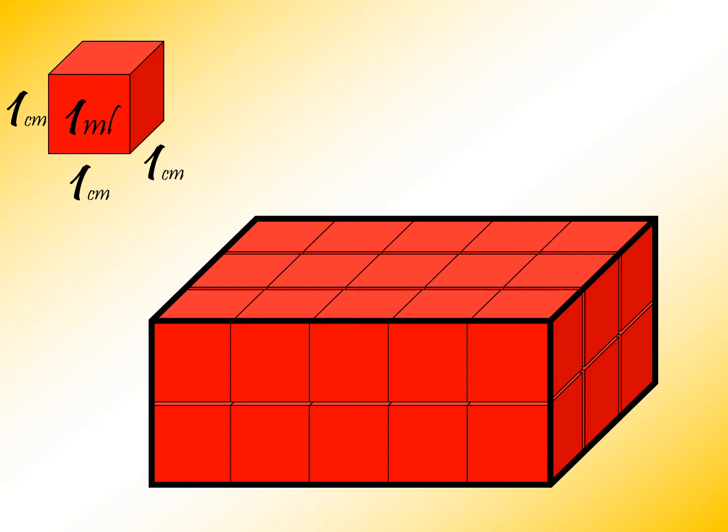So what's the easiest way to get the volume of a rectangular block, a rectangular object or prism? Well, my favorite trick is always pick one corner. Like, let's say this one. If you pick one corner, you can be certain that all three dimensions are meeting at that corner.